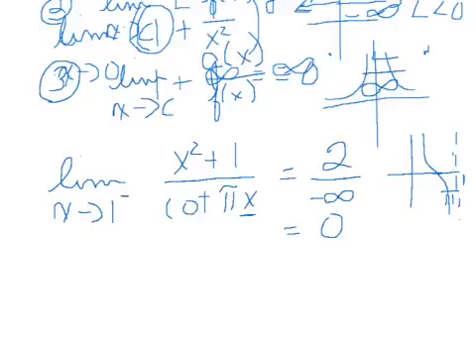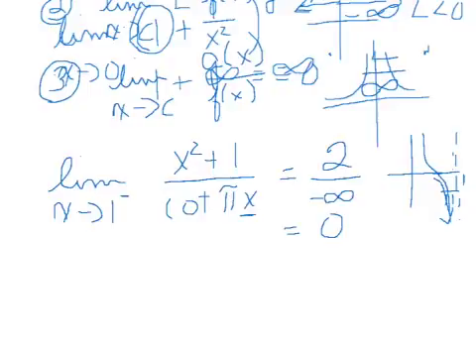That means we have a vertical asymptote. And the cotangent graph looks like this. So notice it's headed to negative infinity. So we have a constant over infinity, so the limit as x approaches 1 is 0.